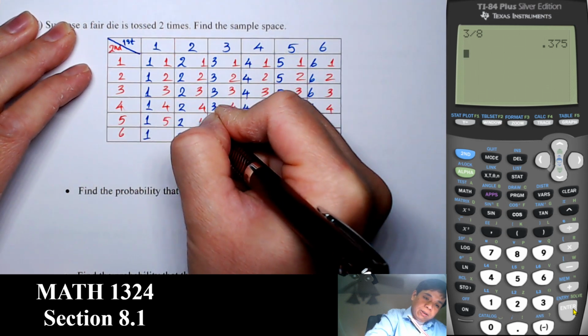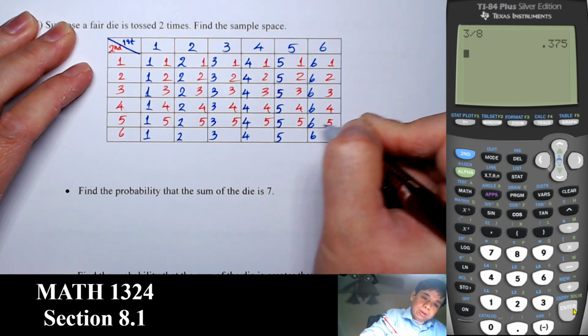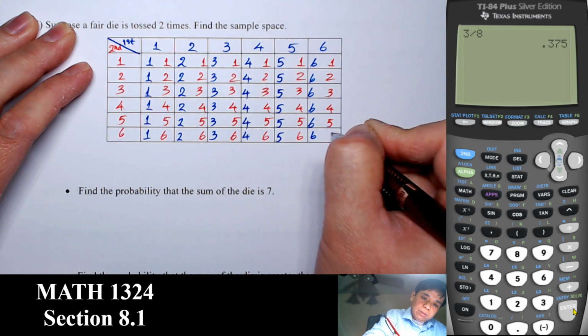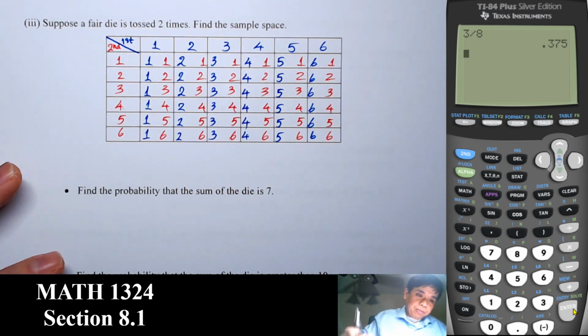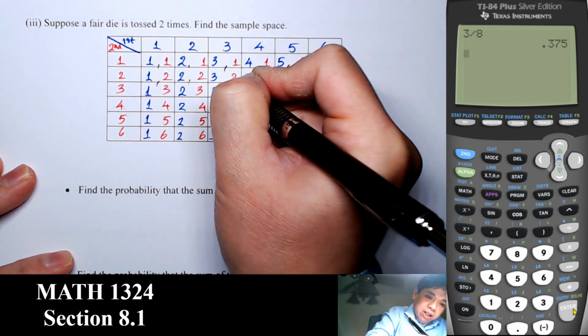Then 5. And now we have all 36 outcomes.